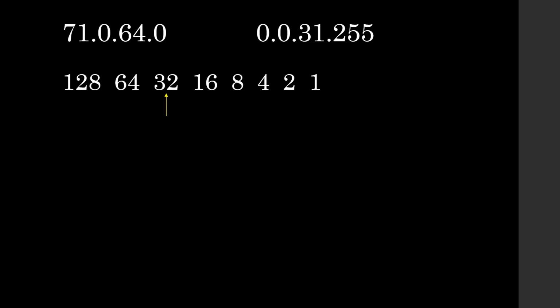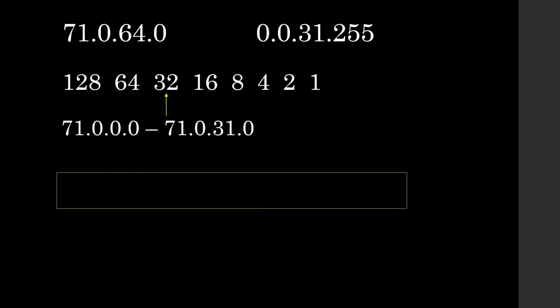Then we have to get the range of 71.0.64.0. We have an increment of 32, since our subnet mask gives us an increment of 32.